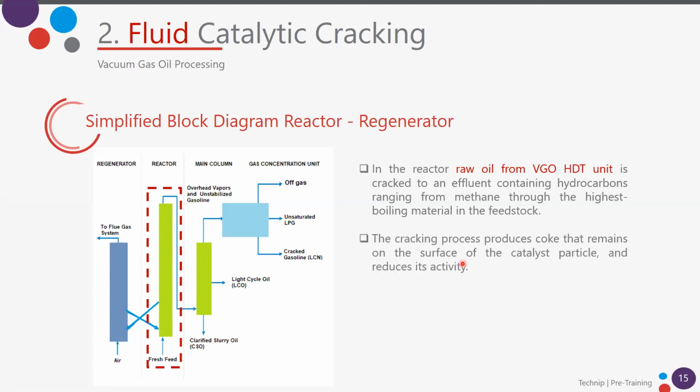The cracking process produces coke that remains on the surface of the catalyst particle and reduces its activity. As we have seen in other processes, the coke, that is mainly carbon, is formed during the reactions, and it will remain on the surface of the catalyst particle, reducing the activity of the catalyst.